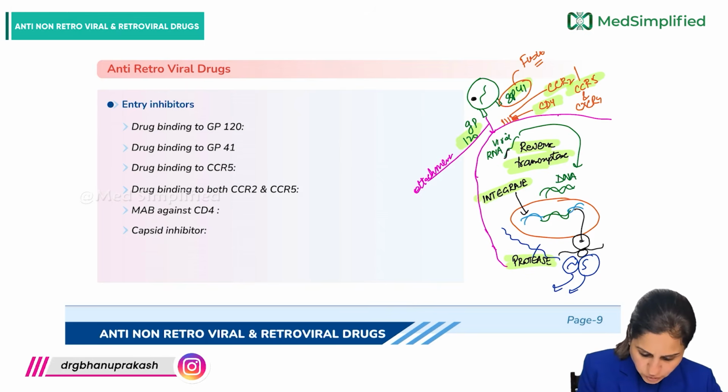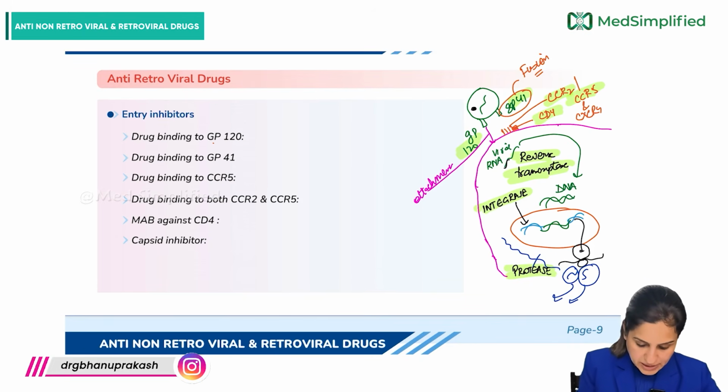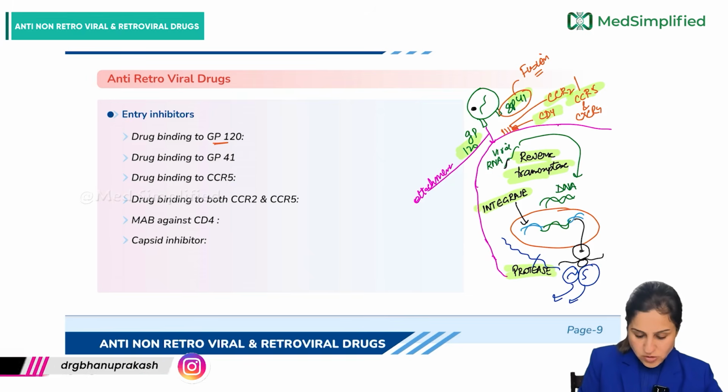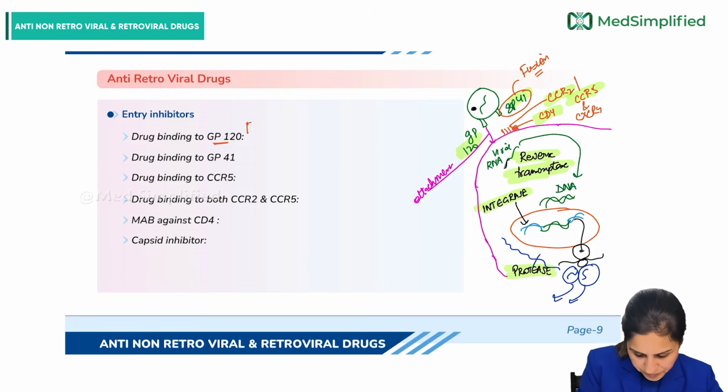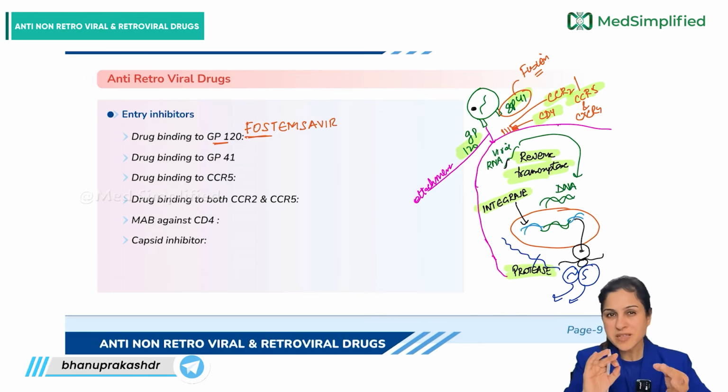First we're going to do the entry inhibitors. Remember, the first step is GP120. So to block this first step, we have a drug, fostemsavir. Okay. So remember, it has FOST. FOST means first.